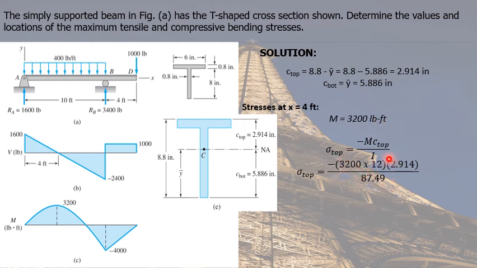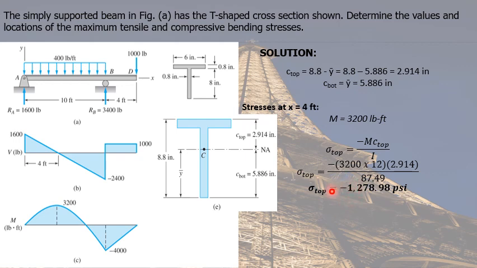So we simply multiply that by 12 to convert feet into inch. And our C top is 2.914. Our I is 87.49. Our I is in terms of inches raised to the fourth power, and our C top is in terms of inches. So we're consistent with our units. Calculating, our bending stress at the top of the cross-section is negative 1,278.98 psi.